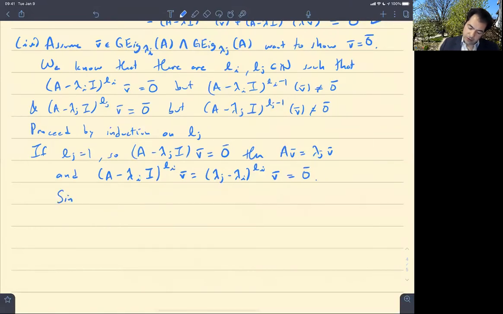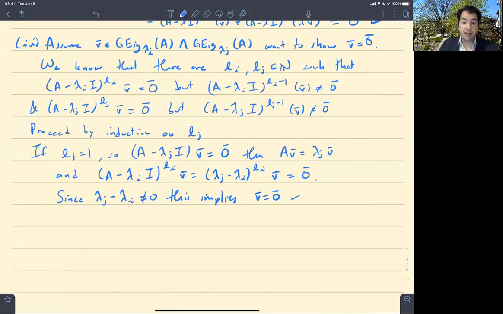Now, since lambda j minus lambda i is not equal to 0, this implies V has to be 0. Okay, so that takes care of the case Lj equal to 1.